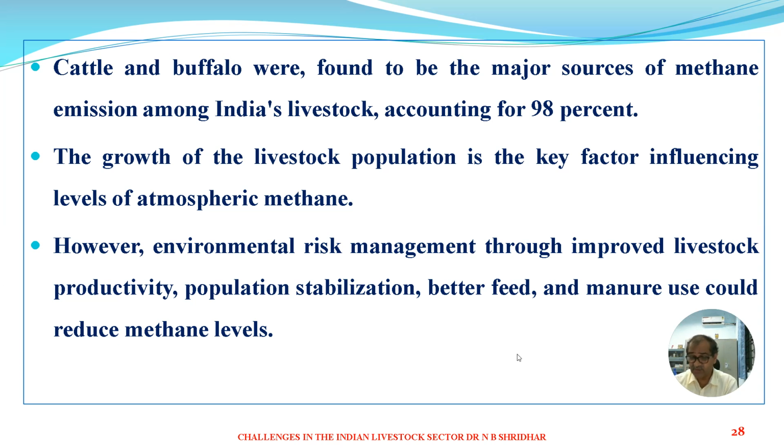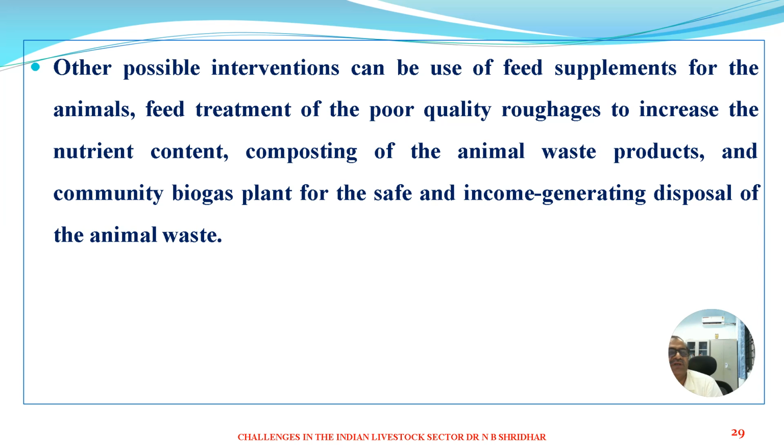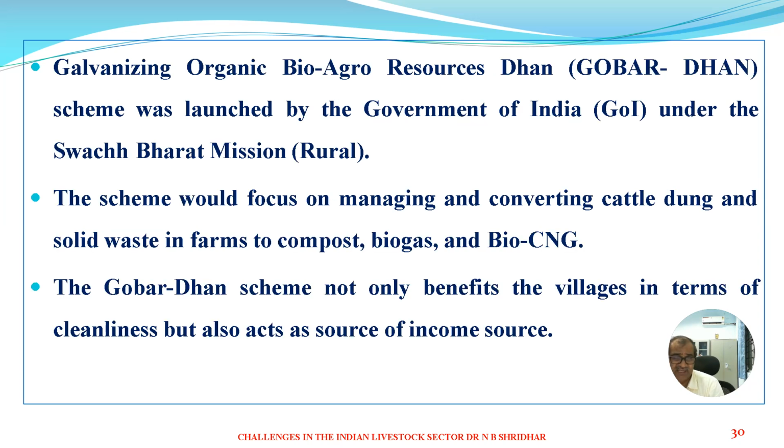Compared to other emissions, cattle emit less greenhouse gas, but even then we need to reduce it. Other possible interventions are feed supplements for the animals and feed treatment of poor quality roughages to increase nutrient content. We need to generate less and less methane or carbon dioxide to prevent the greenhouse effect.